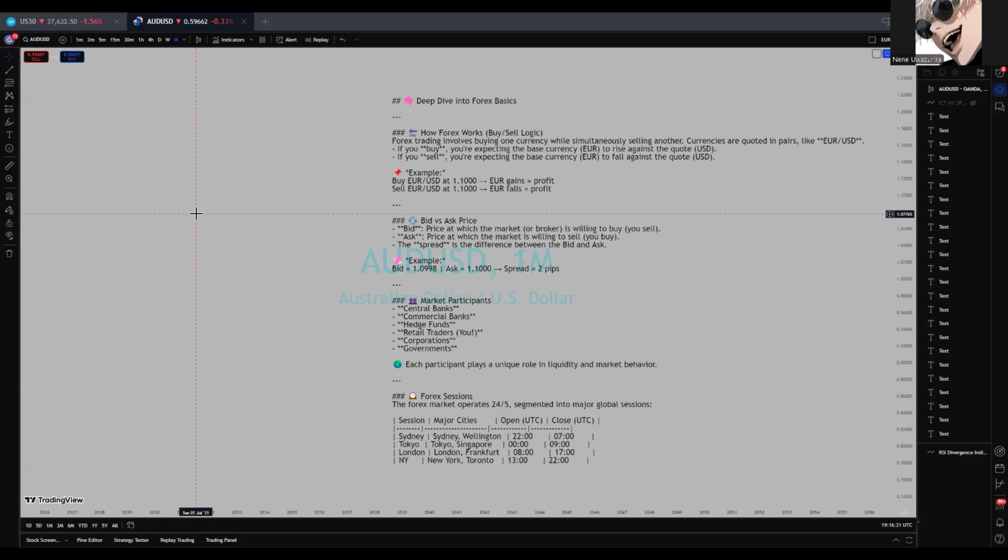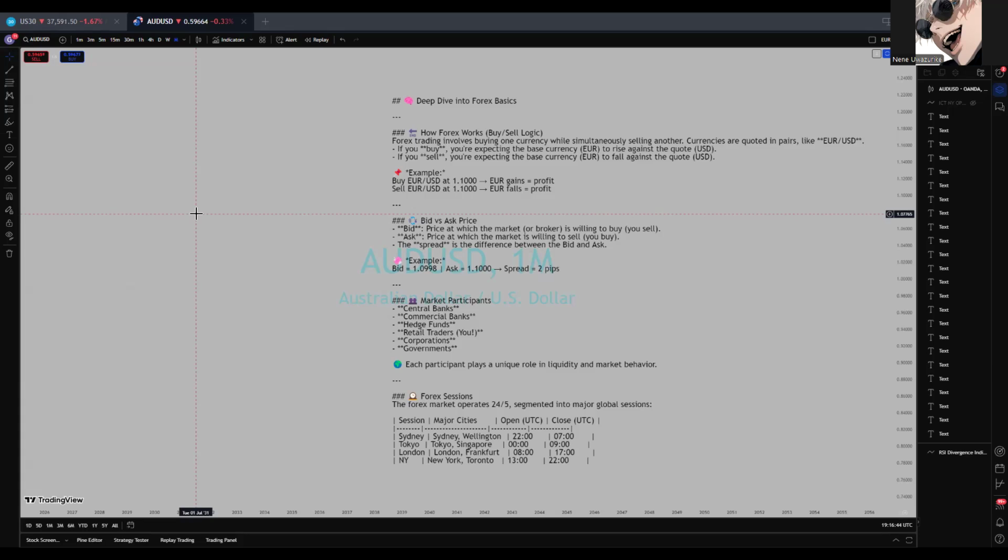But if you sell the euro at 1.1000, and the euro rallies higher and makes maybe 1.1001, it means you've lost. So that's how easy it is. It's just profit and loss.